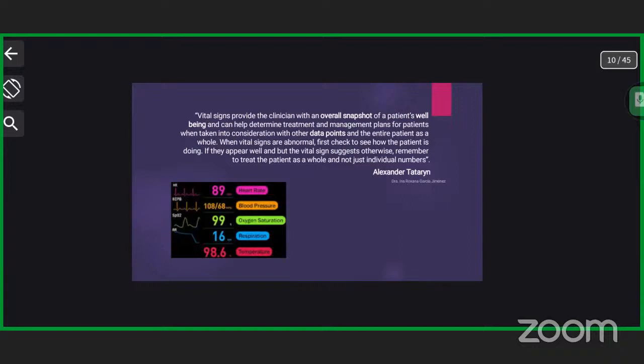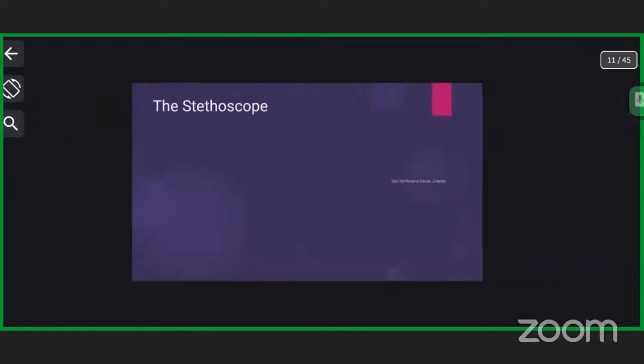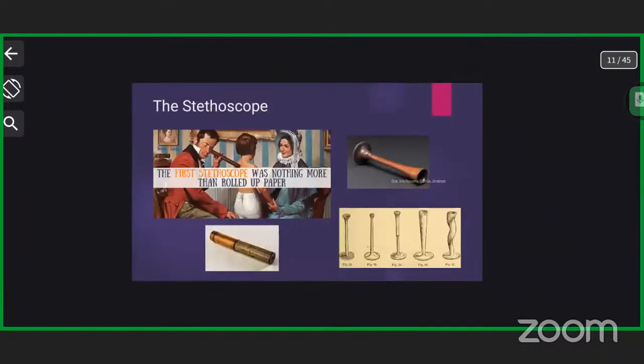I mean, we have the chance to check at least once or twice maybe while being a student, but when you become a doctor, nurse, a vet, well, you know your own career, you have the chance to use these devices. So when we say treating the patient as a whole, the overall snapshot, taking how the patient is doing, is for considering that these values could change and not show the correct situation, right? That's why it's important to check the clinical moment, the clinical situation at the moment, right?